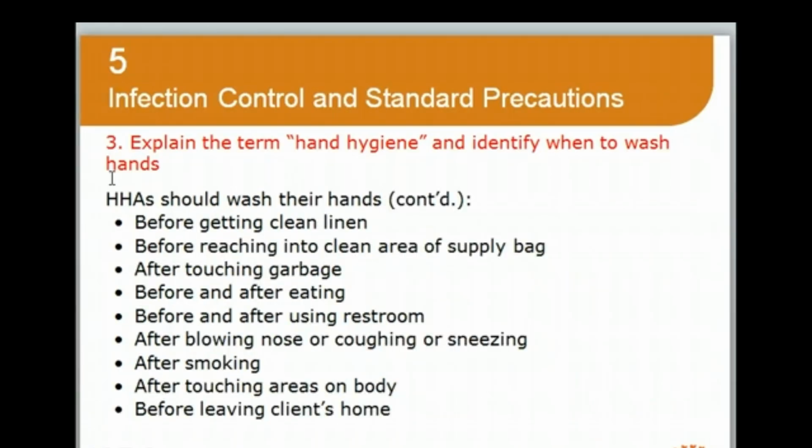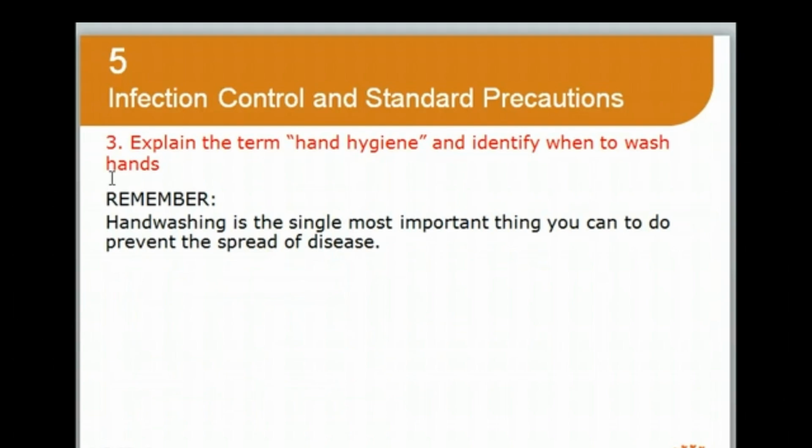There's a very long list, so you can read that over. Wash your hands before getting clean linen, after taking out the trash, all these types of things, which may seem commonsensical, but you definitely want to be aware of when that's required. Again, it's really the most important thing you can do to interrupt the transmission of disease.